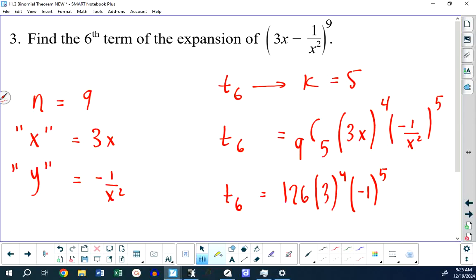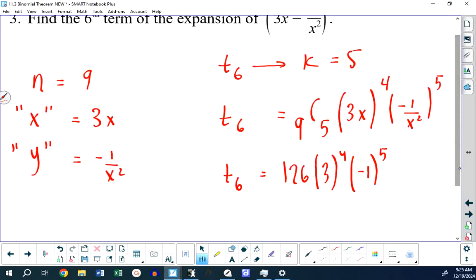It will also contain an x to the 4, and I'm being awfully liberal with my use of brackets here because sometimes they're needed and sometimes they're not, but why not just cover your bases and put them all the time? And then we will also have a 1 over x squared to the 5.